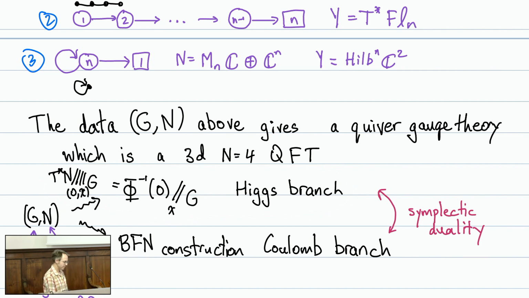There's another way of starting with G and N and trying to produce a symplectic resolution. Even this first route, the Higgs branch route, doesn't actually usually work. If you just pick some G and N randomly, you probably won't usually get a conical symplectic resolution. But it does work when you have a quiver variety, modulo the small technicalities I mentioned.